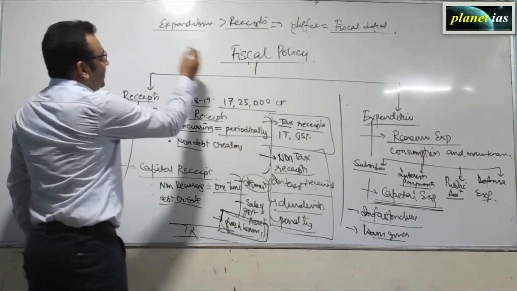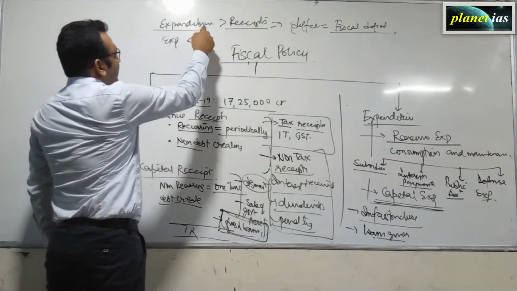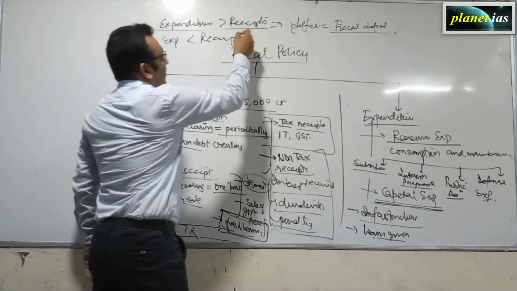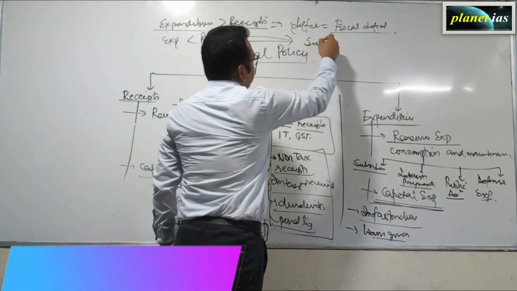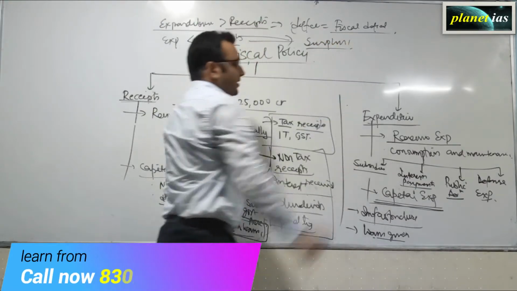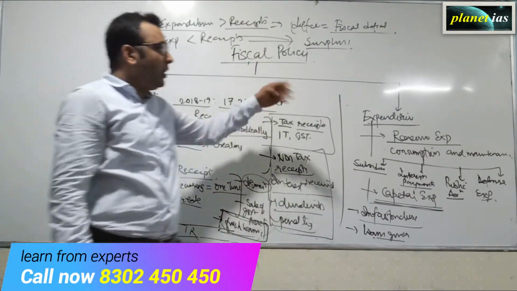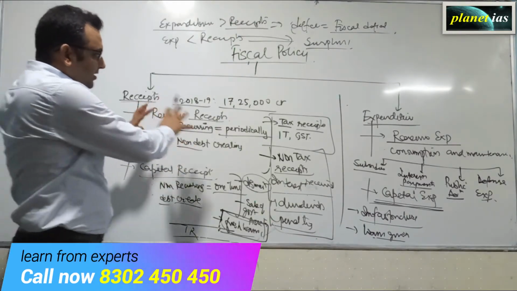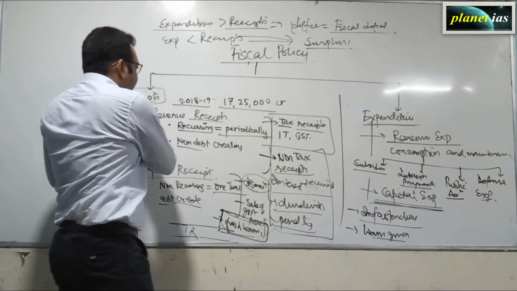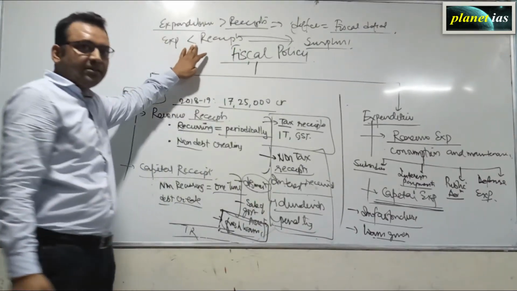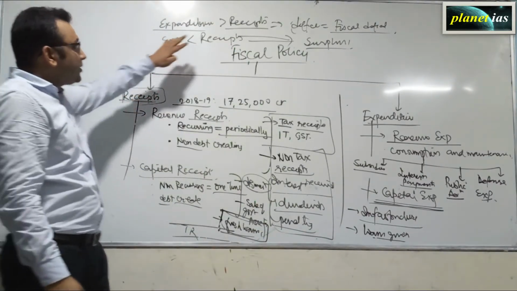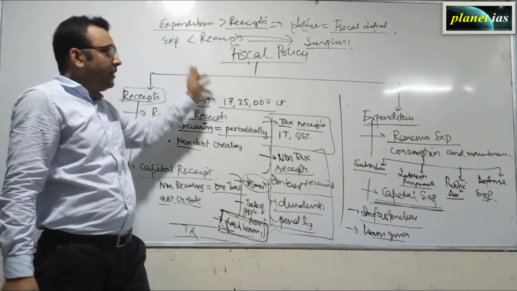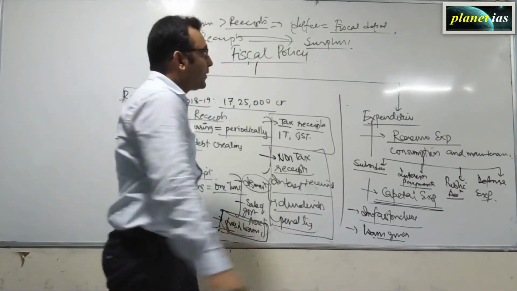And if the case reverses, that expenditure is less than the receipts, we can say in that case the treasury is in surplus. So that is called the fiscal surplus, right? So receipt exceeding expenditure makes a surplus. If receipt is lower than the expenditure, it leads to the fiscal deficit.